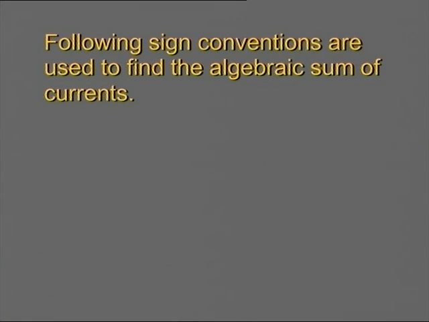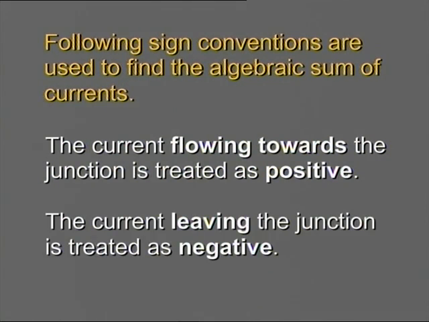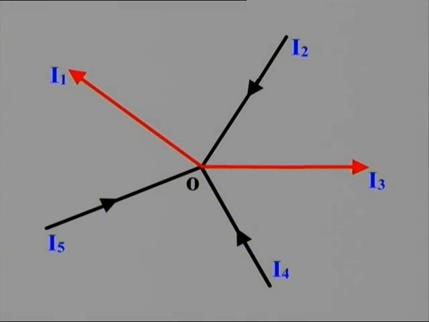The following sign conventions are used to find the algebraic sum of currents. The current flowing towards the junction is treated as positive. The current leaving the junction is treated as negative. In the above figure, currents I2, I4 and I5, which are flowing towards the junction O, are positive, and currents I1 and I3, which are leaving the junction O, are negative.